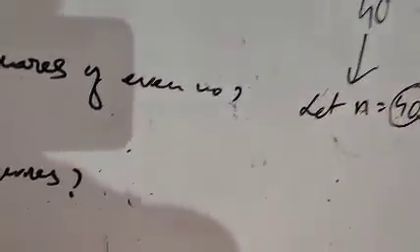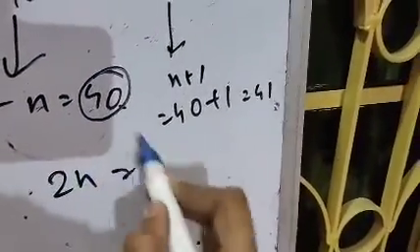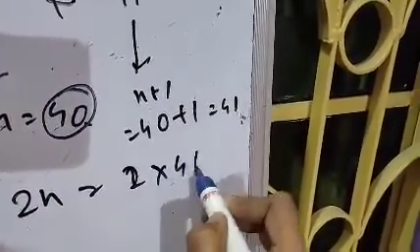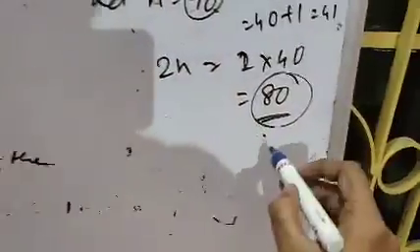The rule is there are 2n non-square numbers between the squares of two consecutive numbers. So 2n, where n is 40, is 2 into 40, which equals 80. So the answer will be 80. Between 40 square and 41 square, there are 80 non-square numbers. This is your answer.